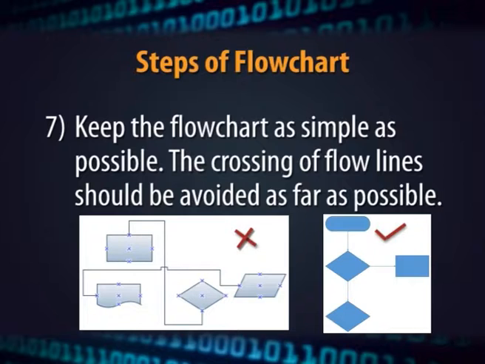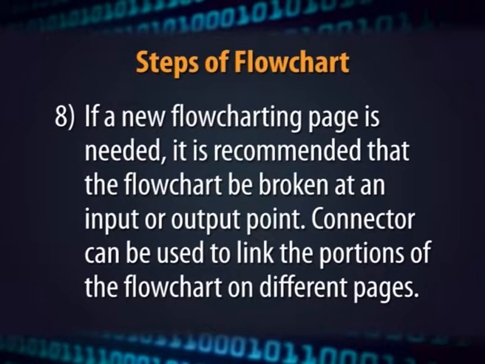The crossing of flowchart lines should be avoided as far as possible. Our next step, if a new flowcharting page is needed, it is recommended that the flowchart be broken at an input or output point. A connector can be used to link the portions of the flowchart on different pages.